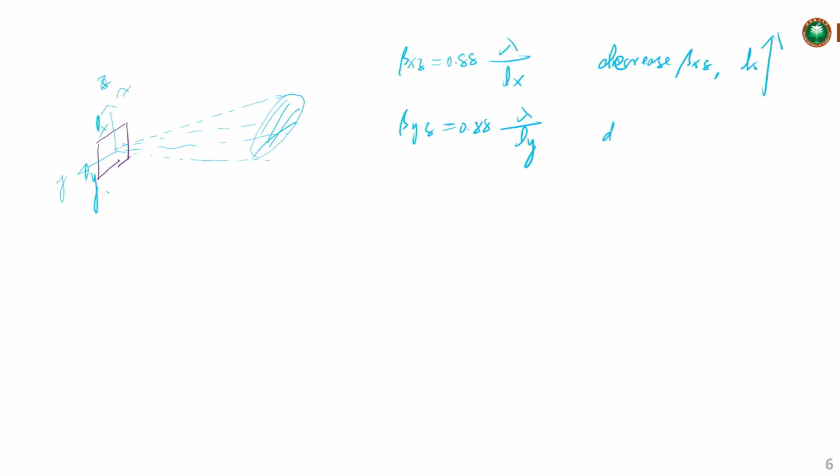The same for beta y theta: to decrease the beam width, increase Ly. So by increasing the aperture dimension, we can reduce the beam width of the beams, and it also gives us another performance benefit: the side lobes are suppressed.